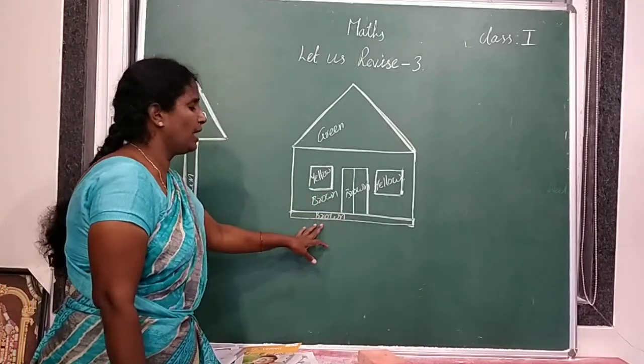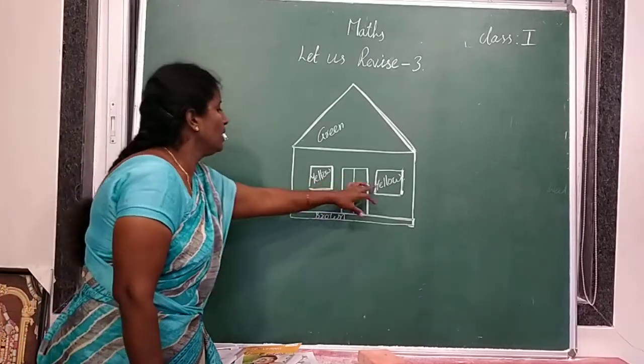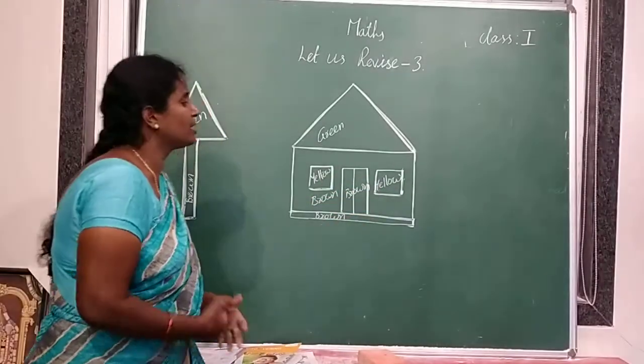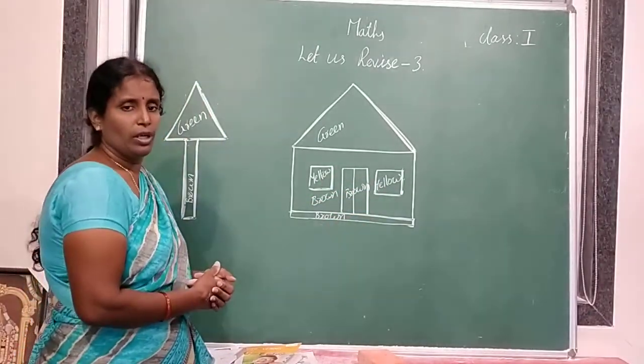Shade these 4 rectangles with brown color. And here 2 squares are there. Shade the squares with yellow color. Understood?